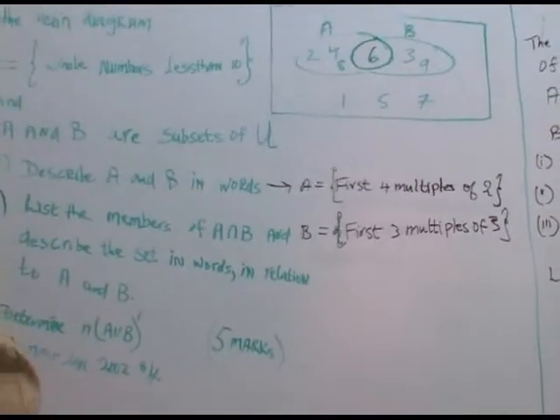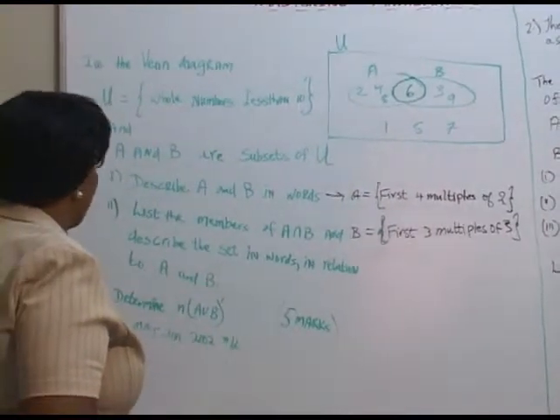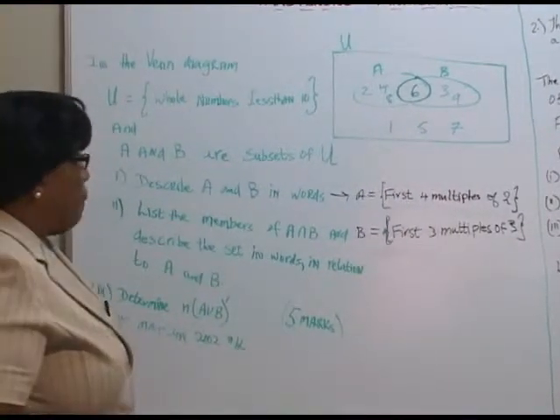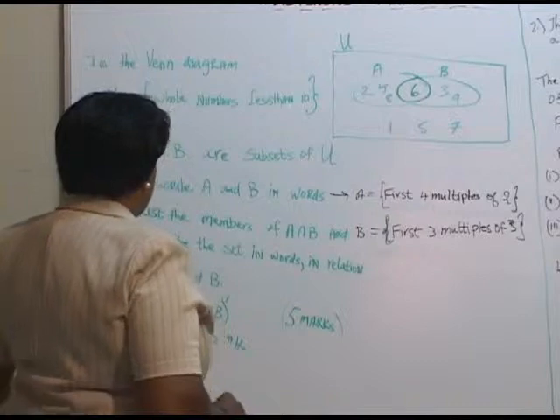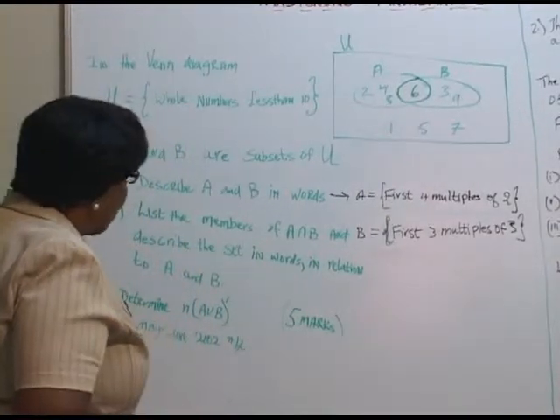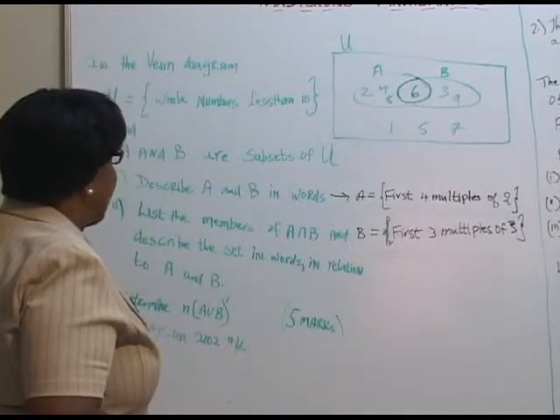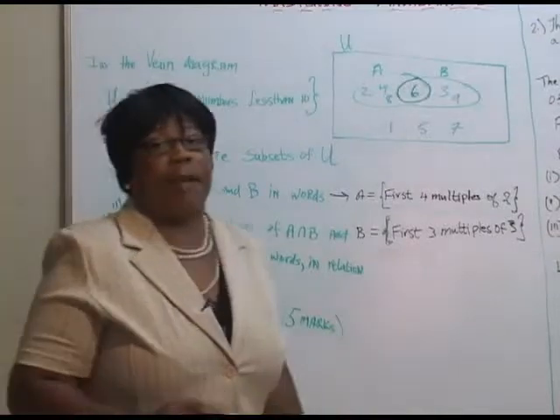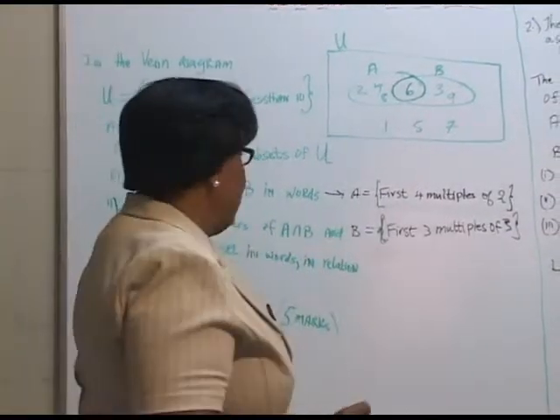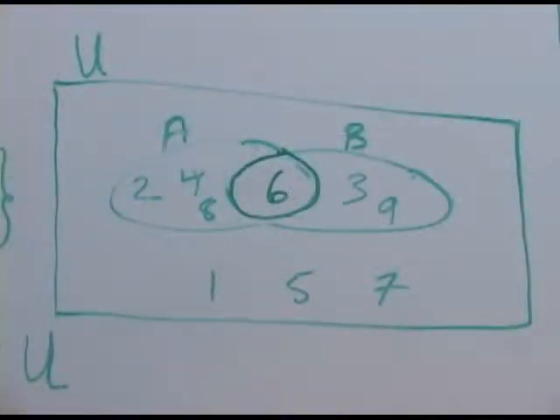Now, then it says describe the set in words in relation to A and B. And what do we have? We are listing the members of A intersect B and describing the set in words. Intersection is where the 2 sets overlap, that is where we're getting our intersection.